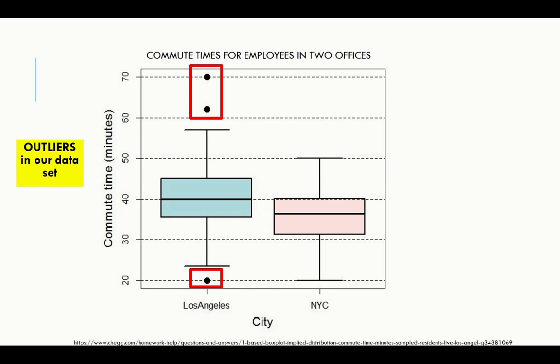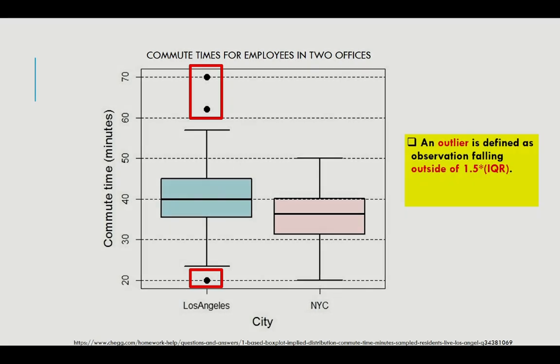Remember, when I gave you the example of the box plots a few minutes ago, the very first thing I said was, okay, I'm assuming no outliers. Well, normally the whiskers are bounded by the min and the max, but that's not true here because of having outliers. An outlier in a box plot is defined as an observation falling outside of 1.5 times the interquartile range.